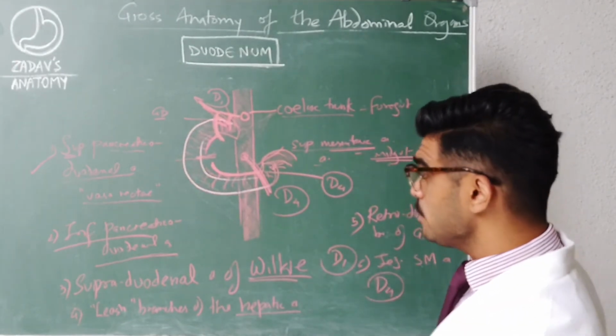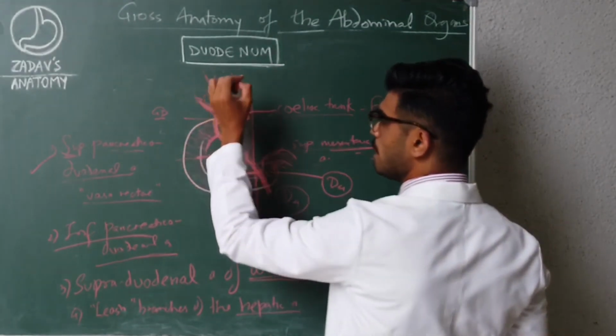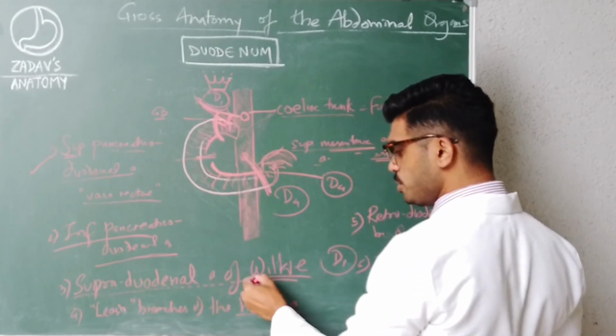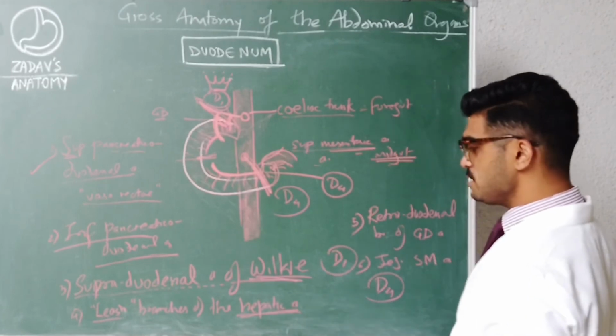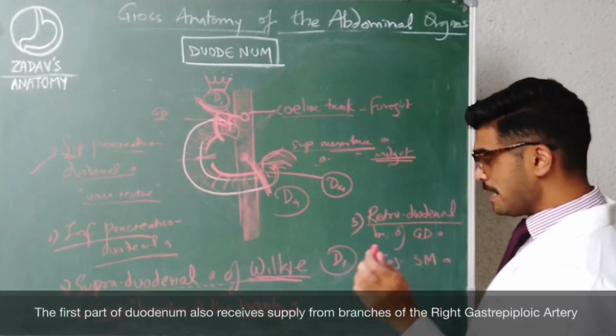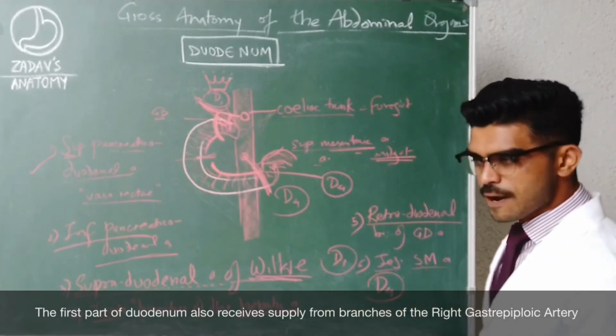Other than that, the first part of the duodenum, Mr. King, enjoys supply from the supraduodenal artery of Wilkie, the leash branches of the hepatic arteries, the retroduodenal branch of the gastroduodenal artery, and the fourth part of the duodenum also gets an additional supply from the jejunal branches of the superior mesenteric artery.